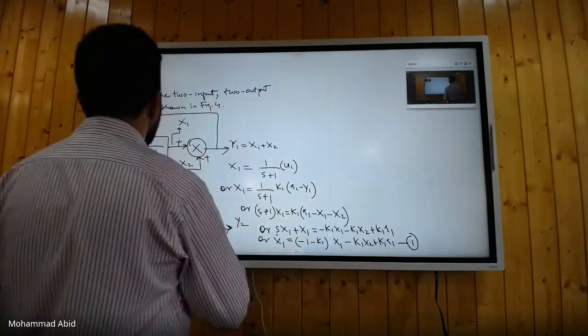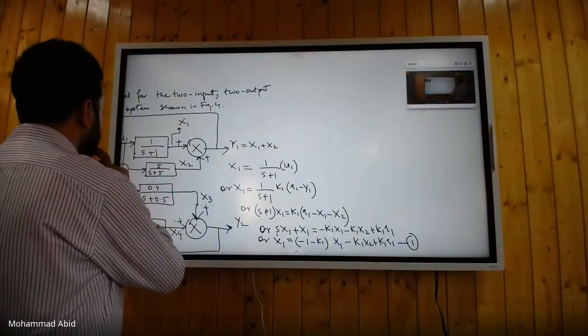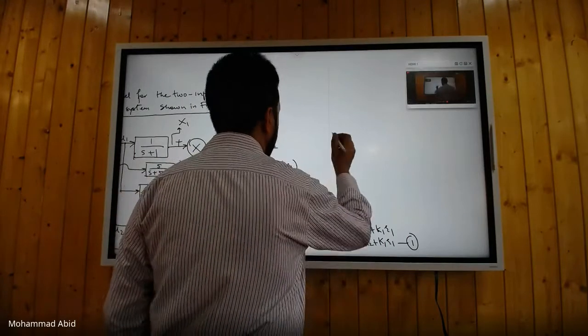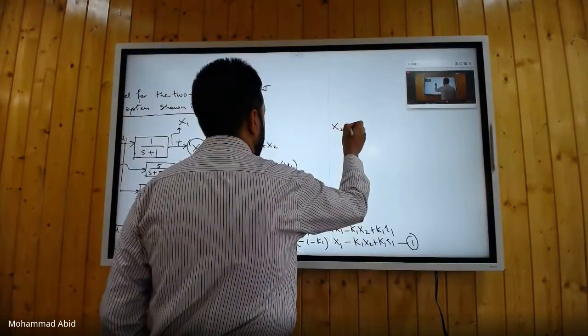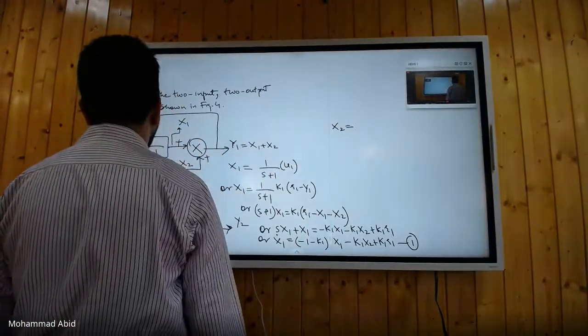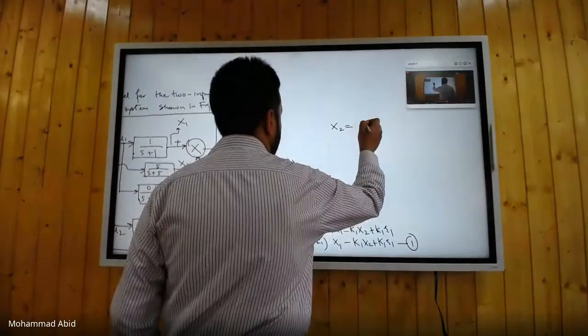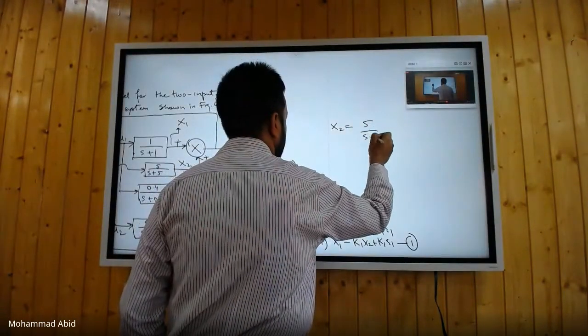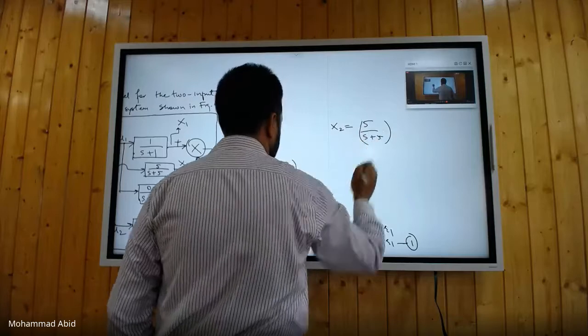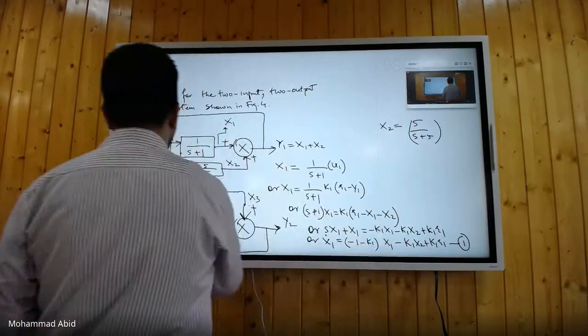Now I write down the equation for x2. What is x2 equal to? Yes, help me. x2 is equal to 5 upon s plus 5 into u2.